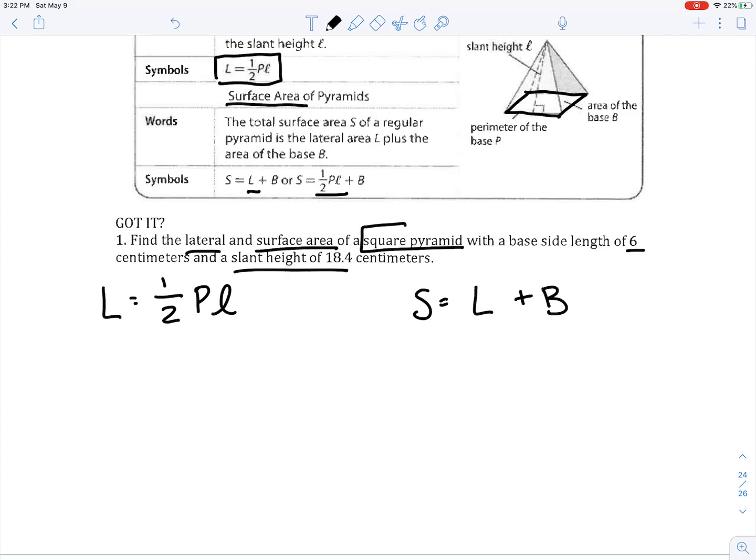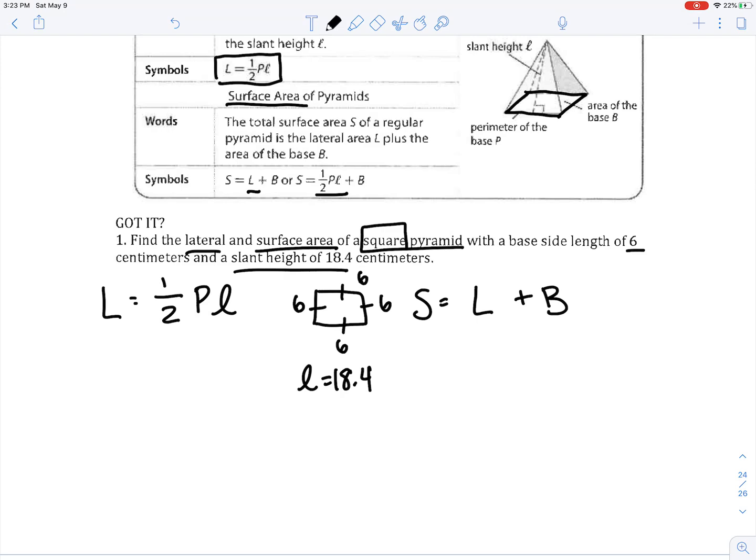So let's look at some more information. It tells me it's a square pyramid, which means the shape of the base is a square. All the sides are equal. It says the side length is 6 and the slant height is 18.4.